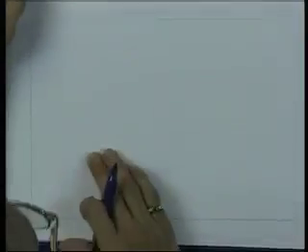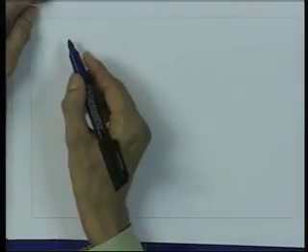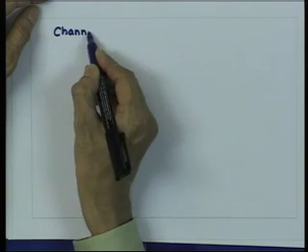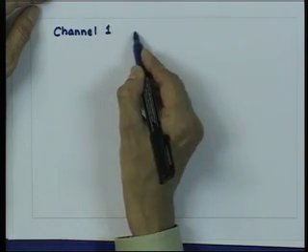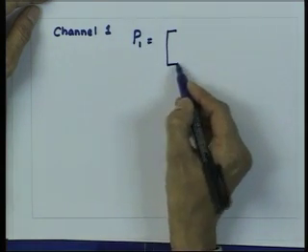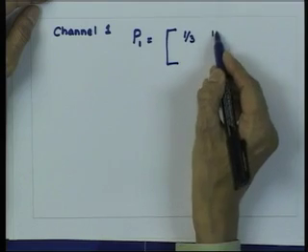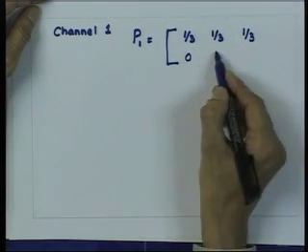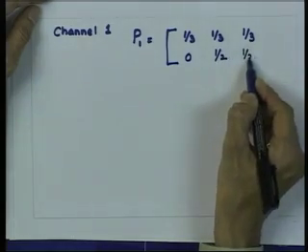So, let us take channel 1 with a channel matrix given by P1 equal to 1/3, 1/3, 1/3, 0, half, half.